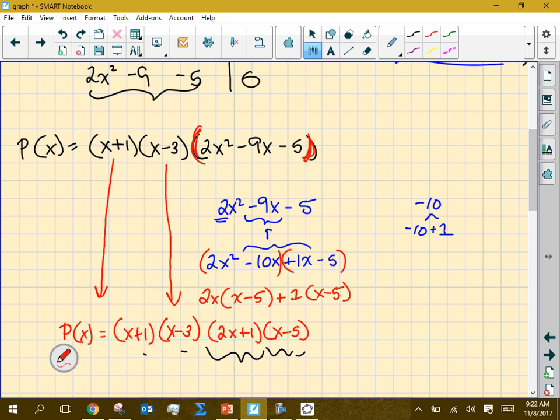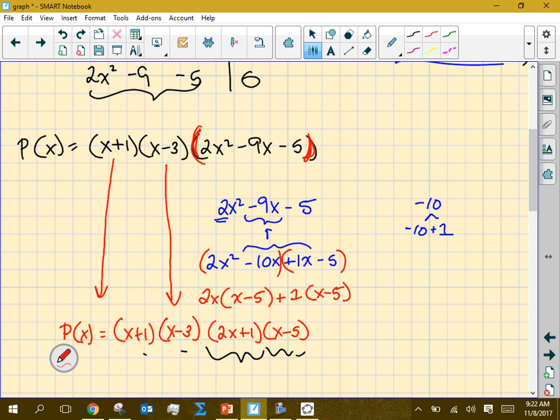Or maybe a better way to say it is at most 3 maximums and minimums, as a total. And because they're all different zeros, there's no multiplicity there, it actually tells us that we will have 3 turning points. So we get a lot of information from being able to do this. Does that make sense?